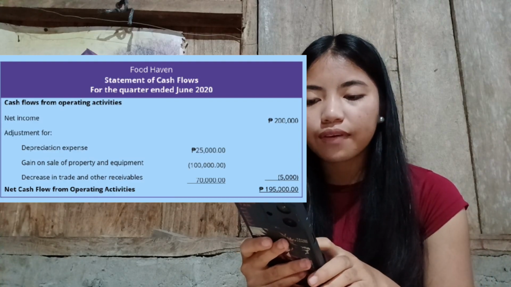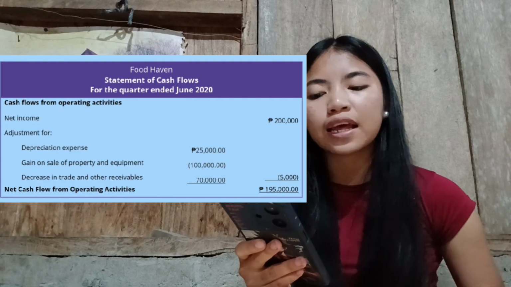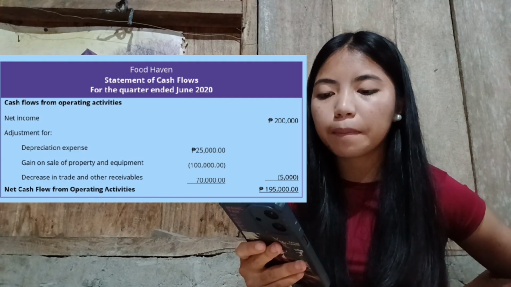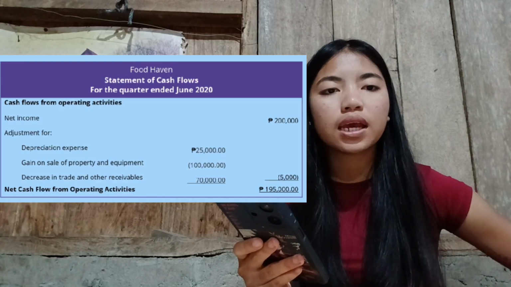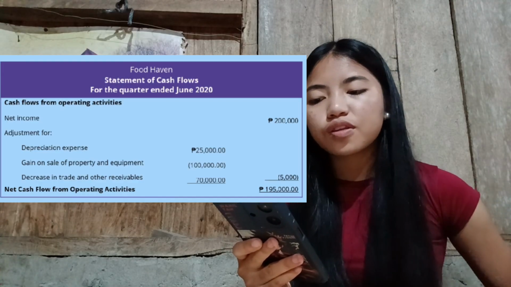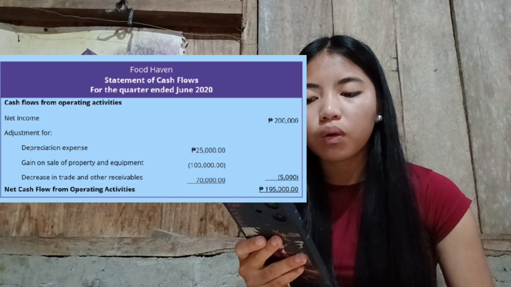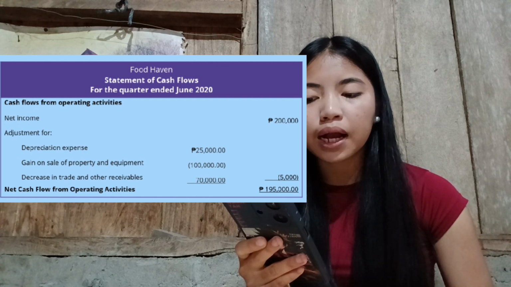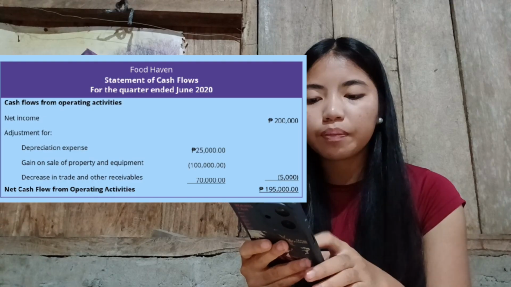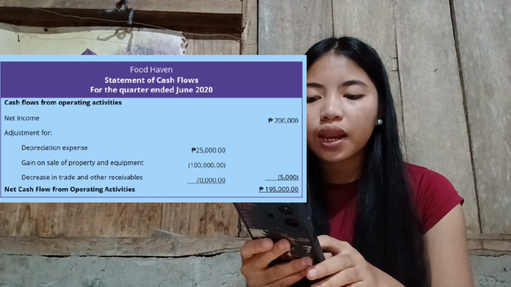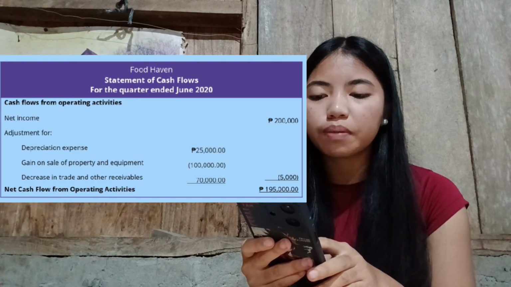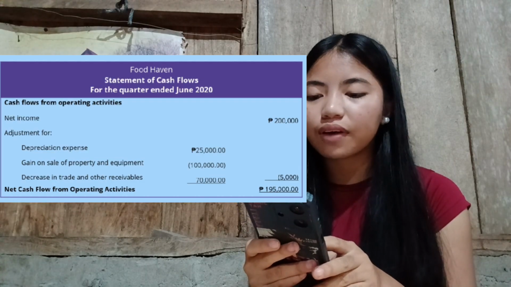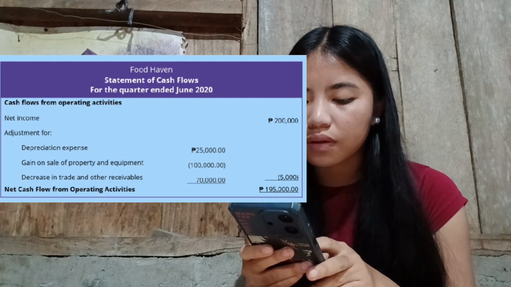And after that, i-add nato ang decrease in trade and other receivables, cost of 70,000 pesos. A decrease in receivables means customers paid cash that they previously owed. So, mao ni ang mga makuha pa ni mga kwarta nga bayaran sa mga customers that they previously owed. So running total, we have 125,000 pesos plus 70,000 pesos equals 195,000 pesos.